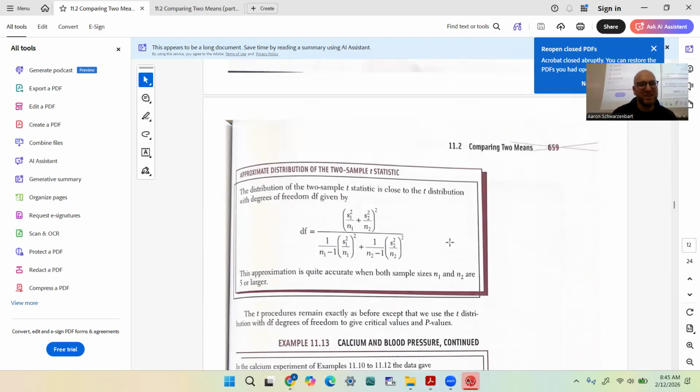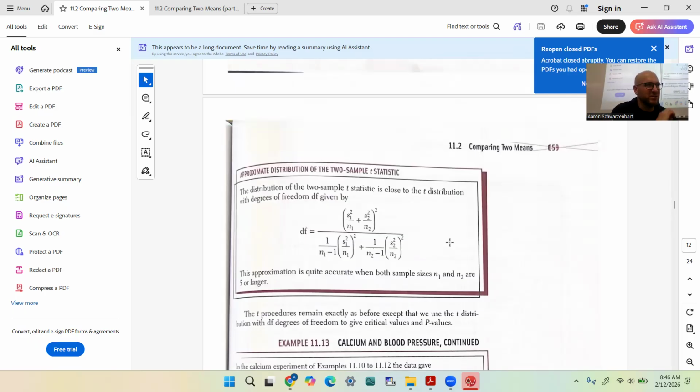Because this formula was a little gnarly, the shortcut when people were doing it by hand was take the smallest one and do minus one. Now, the higher the degrees of freedom, the narrower your curve gets. So something might go from fail to reject H naught to reject H naught by just changing the degrees of freedom.